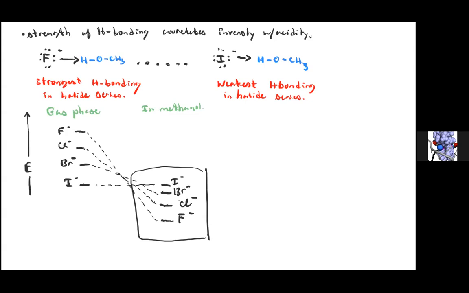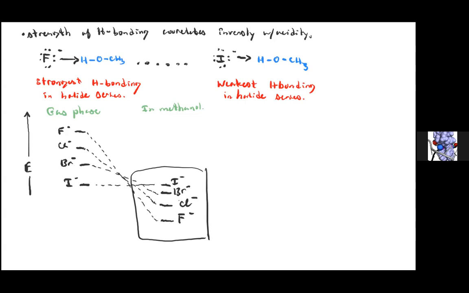Fluoride, because it's hydrogen bound so strongly, is very stable now, and it's going to be very recalcitrant towards reaction. Another way to think about this is that I am essentially burying the fluoride in a very large number of strong hydrogen bonds.